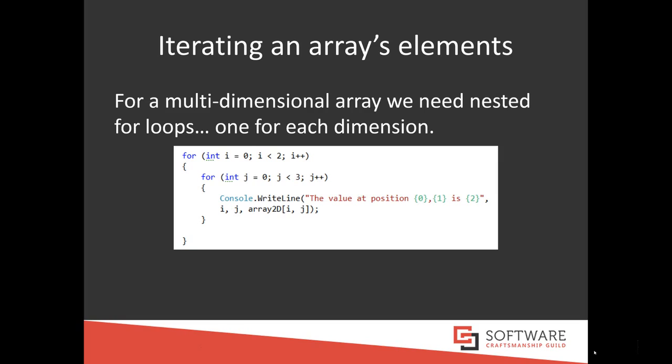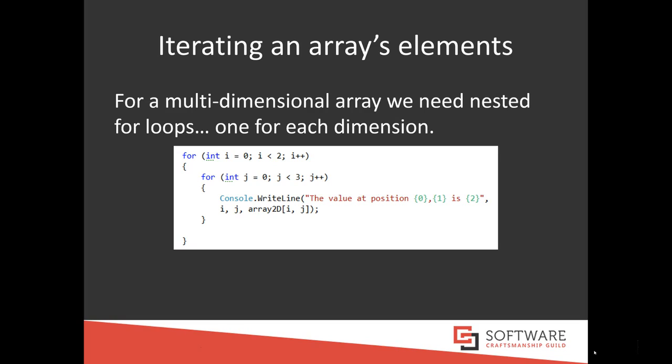But if we wanted to loop through this 2D array, we would start the outer loop, which is the variable i, to go from 0 to 1. The inner loop would go from 0 to 2, and we call that j. And it's very common for developers when they're making for loops to start the outer loop with i and then go up one letter of the alphabet for each internal loop. It helps you keep track of where you are in the depth.